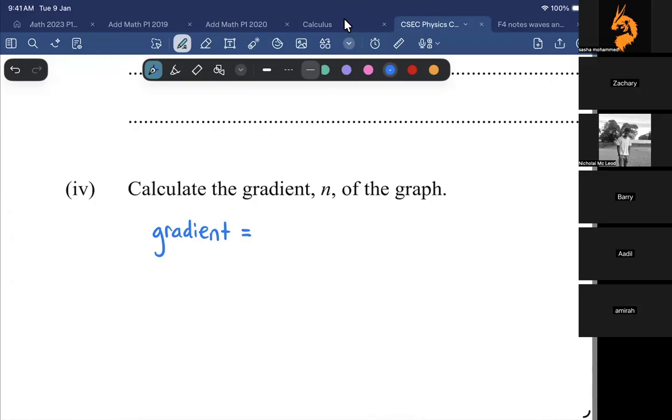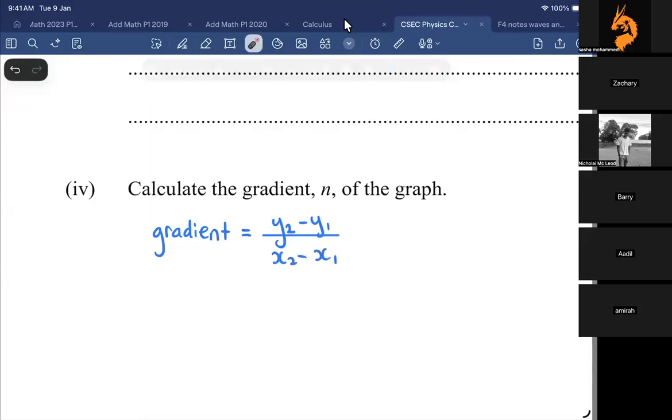The gradient formula is really change in y over change in x. So that will be y2 minus y1 all over x2 minus x1. But we understand that this would represent sine theta 1 all over sine theta 2.